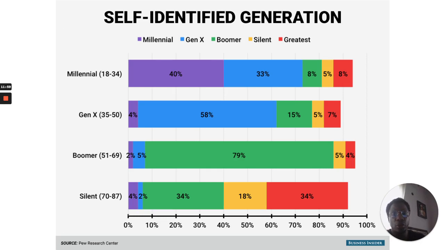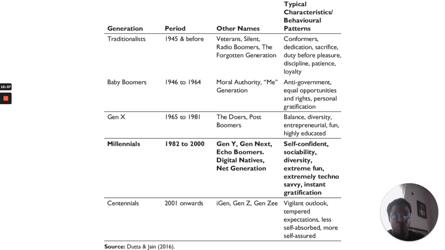For example, the millennials category is very diverse because some millennials actually think and identify as Generation X. They think like Generation X. So you see Generation X, 58%, that's a large percentage of people thinking that way. You have the baby boomers, a huge percentage of them identify as baby boomers. You have some baby boomers who actually identify as millennials. They think like millennials. They have the characteristics of millennials, which means they also want instant gratification.